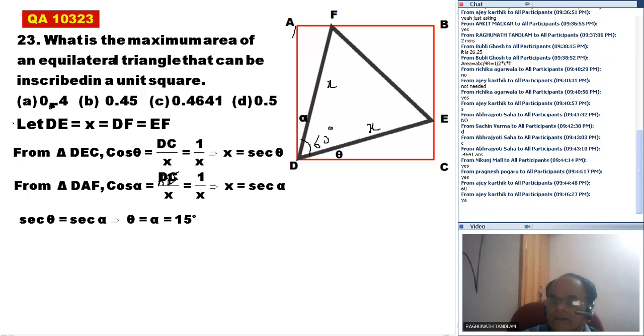Are we clear? This is AD by X, and maybe I have written it wrongly. It's a typographical error. AD by X, which means 1 by X equals cos alpha. X is secant alpha. But X should be the same, or not. Therefore, secant theta equals secant alpha. Theta equals alpha equals 15 degrees.